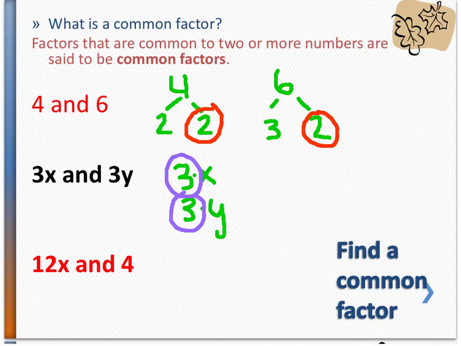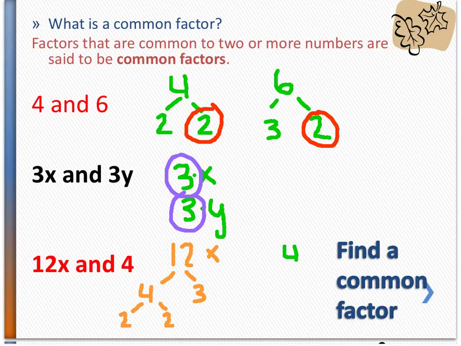Okay, 12x and 4. Well, 12x, the 12 can be broken down into 4 times 3. And remember, 4 is 2 and 2. The x is just x. So when it comes to what it shares with 4, well, 4 is 2 and 2 again. So since both of them have a 4 in common, 4 would be our common factor.